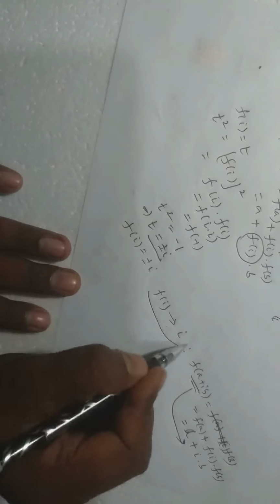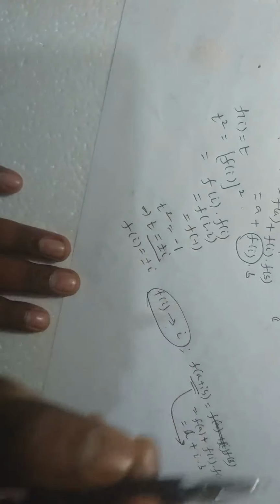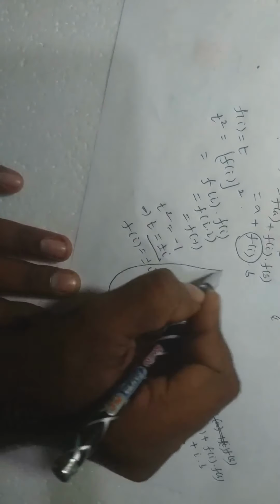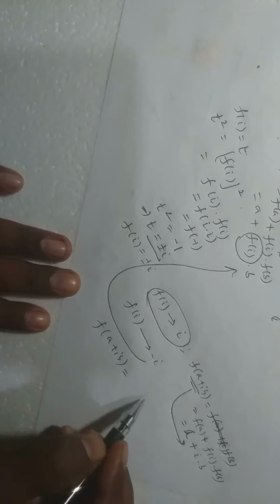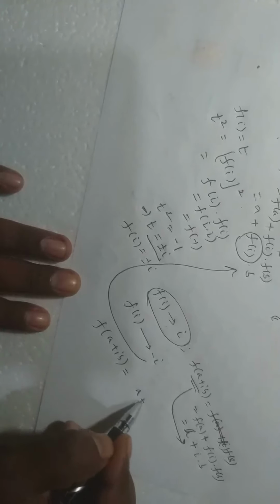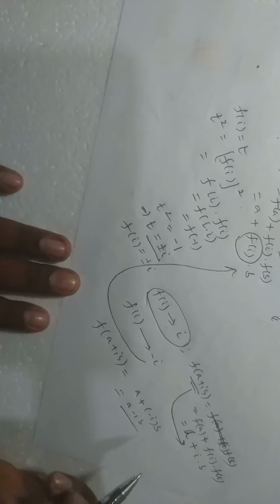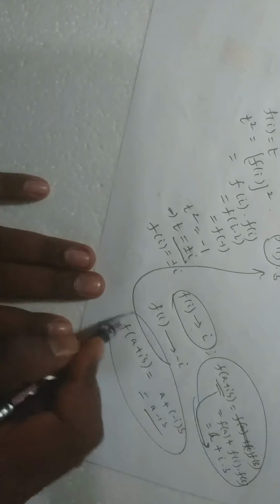If f of i is minus i, then f of a plus ib is a minus ib. Is it clear? If f of i maps to minus i, I can have f of a plus ib as a plus minus i times b, which is a minus ib. So one is the identity map, the other is the conjugation map. Is it clear?